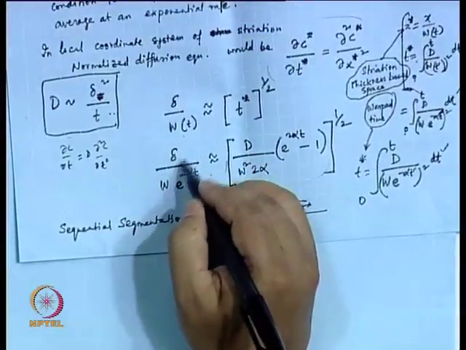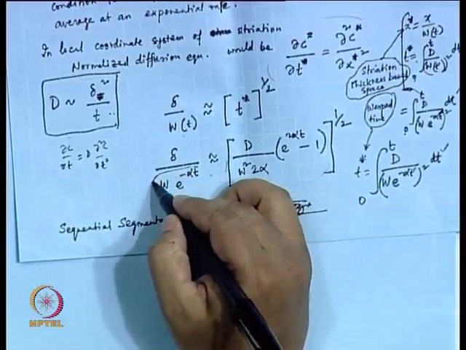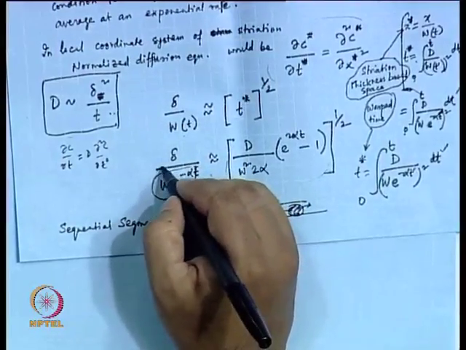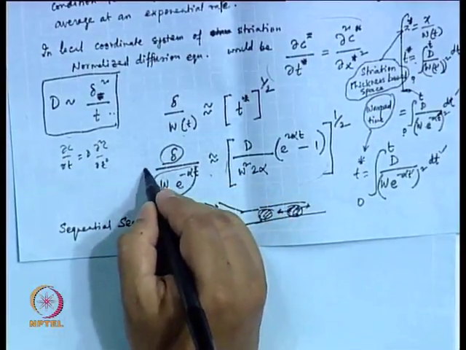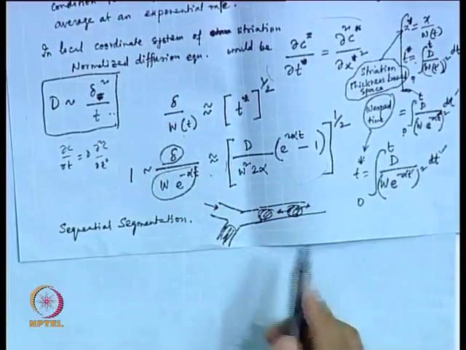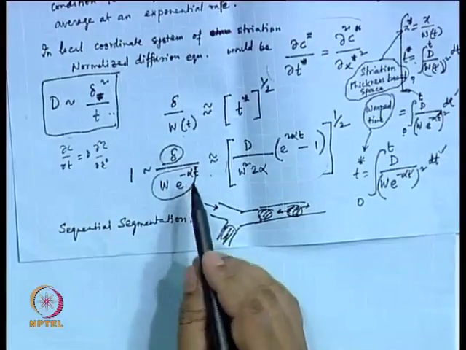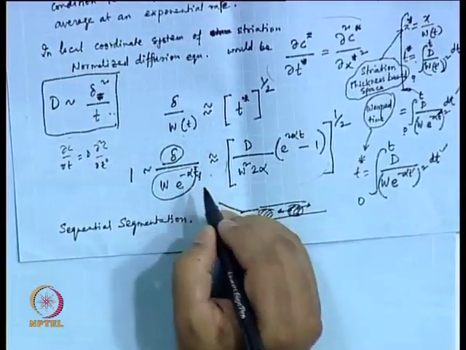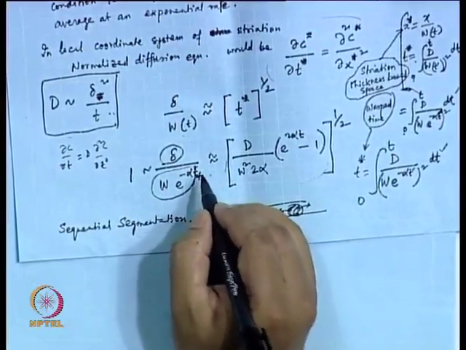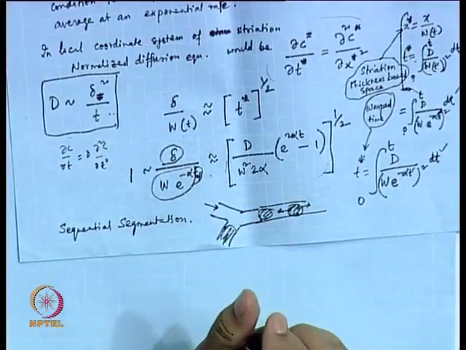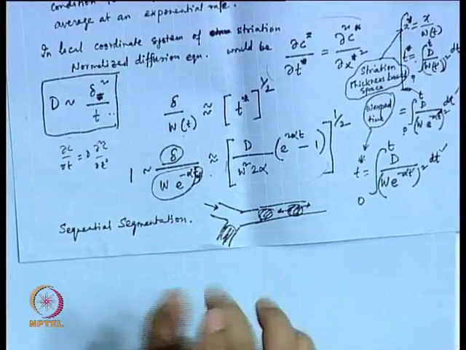So, at the outlet, this delta and this w should be equal to 1, right. That means, the entire thickness of the strip has been penetrated at the outlet; the diffusion has gone all the way into it.